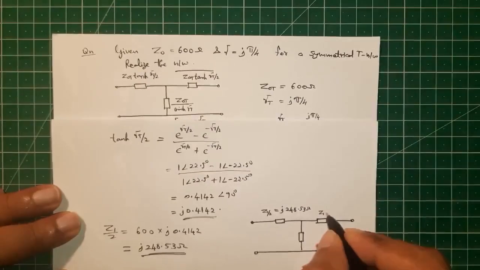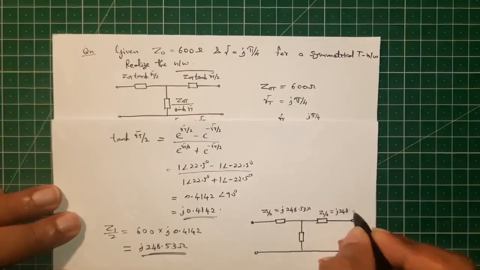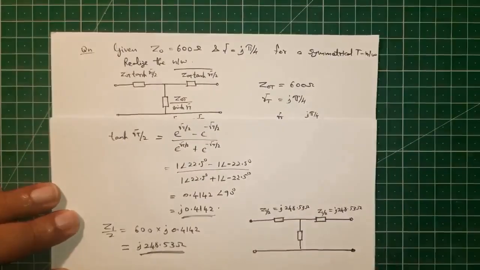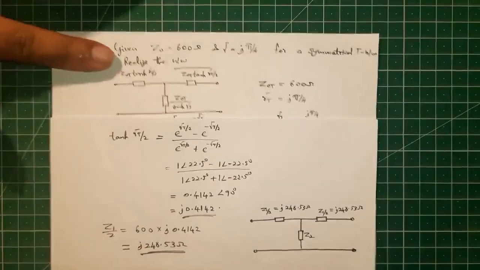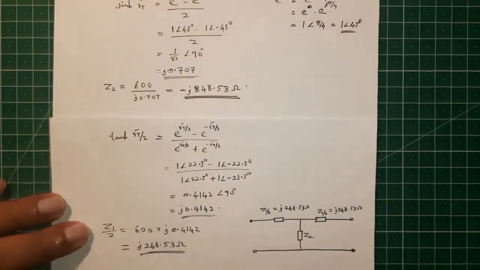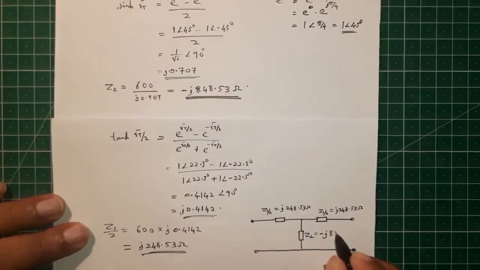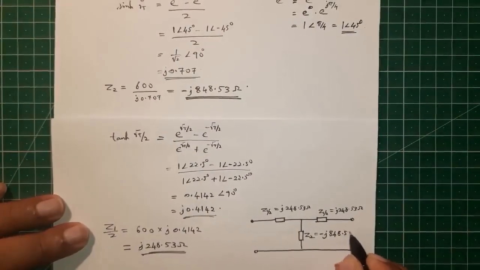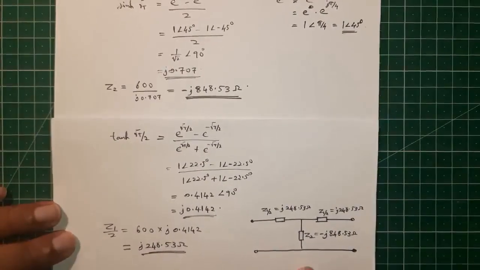This one also is Z1 by 2, j 248.53 ohm, and this one is Z2. So Z2 is minus j 848.53 ohm. So this is our network that we have realized.